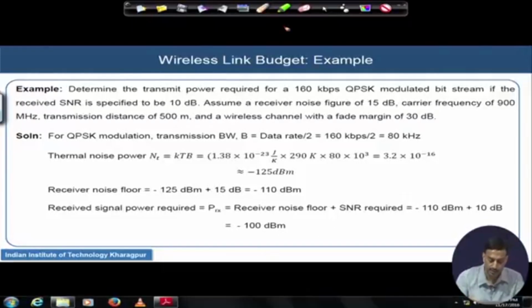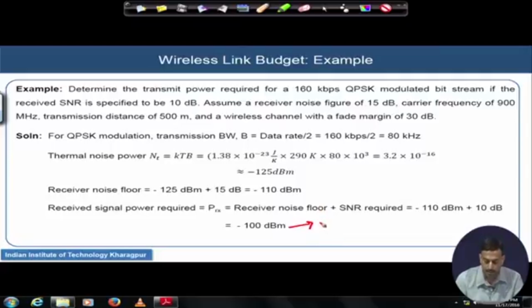So generally this kind of an analysis, where we consider only the receiver noise floor, which includes the thermal noise and the noise figure, and we consider the SNR requirement based on some given data, gives the required signal power.